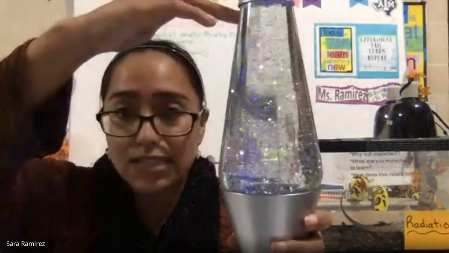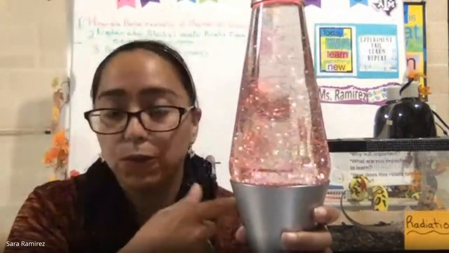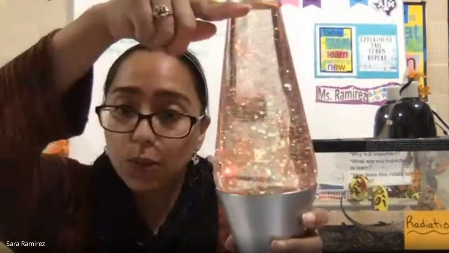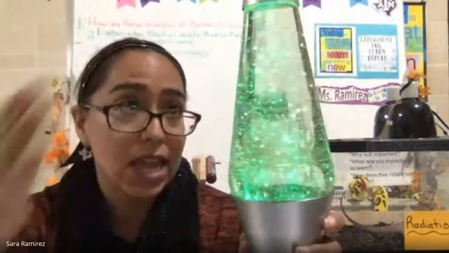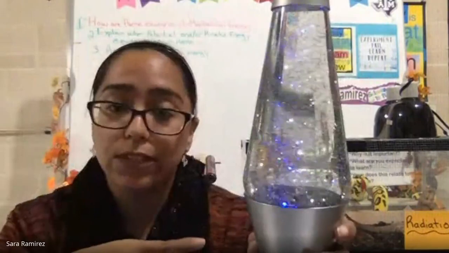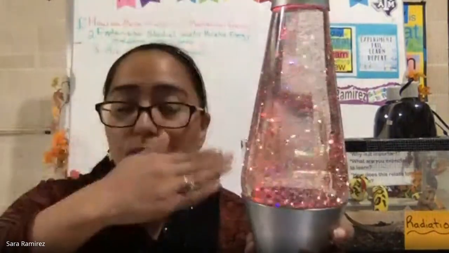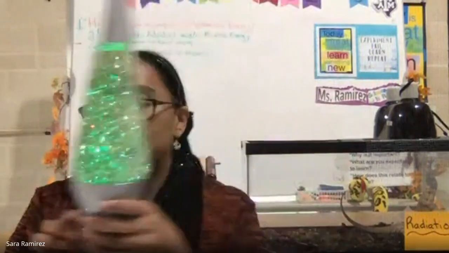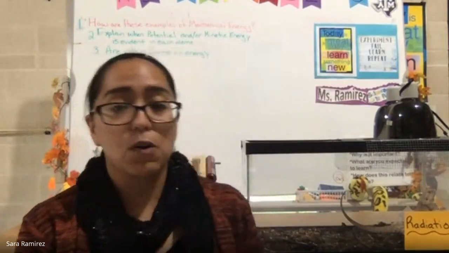When they rise, they cool off because they're further from the heat source. As they cool off, they become more dense and they start to sink, and that creates the movement in a lava lamp. It's just that continuous cycle of cooling and heating that creates that movement. So that's convection, and convection is responsible for our hurricanes over our oceans.